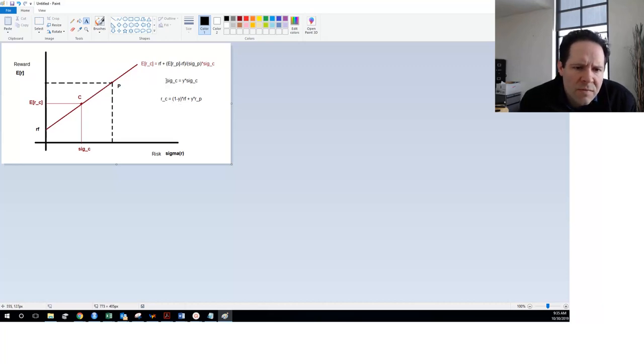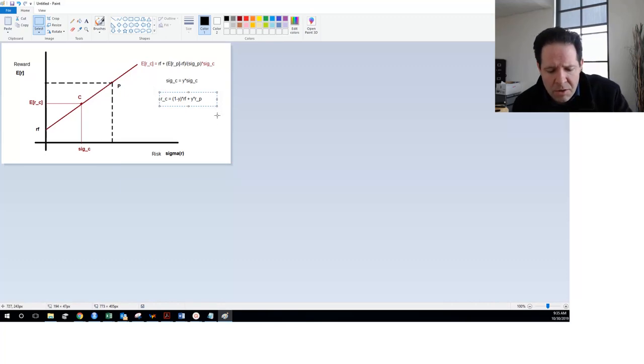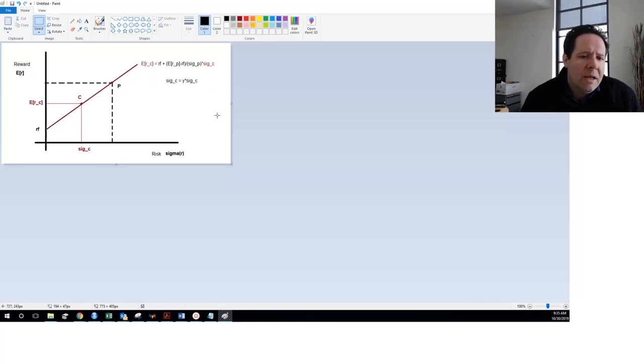So it's useful to point out that the standard deviation of C is really just how we can make this choice of what standard deviation we have in our portfolio. And these two pieces are going to be critical for thinking about what the solution to this problem will look like. Okay.